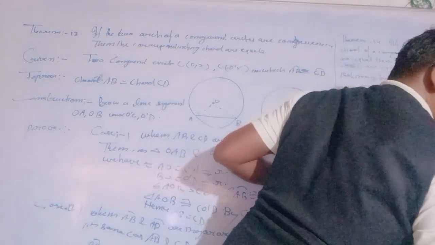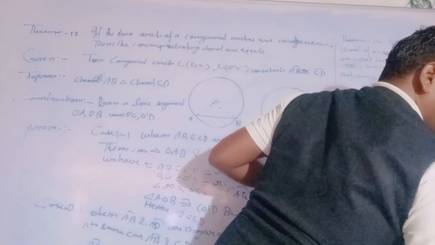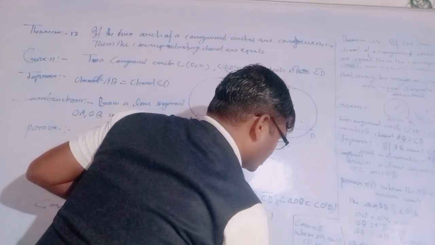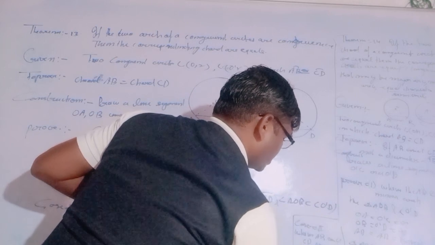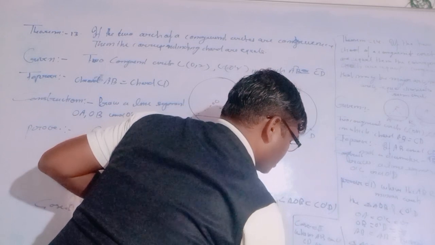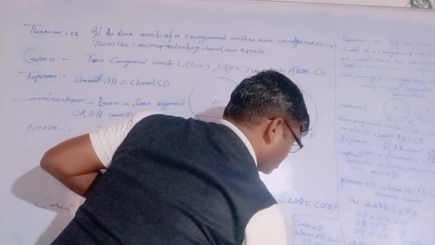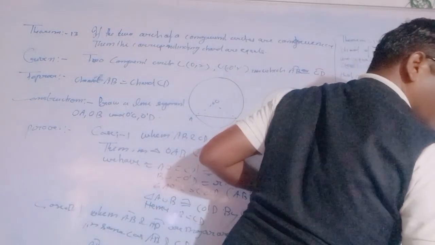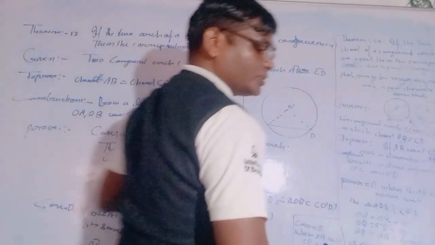Got it? So we can say that arc BA is equal to arc DC, and therefore congruency is proved here.